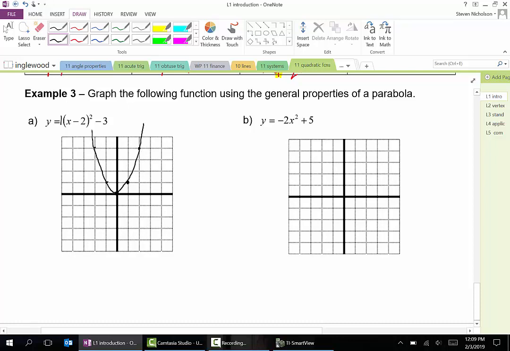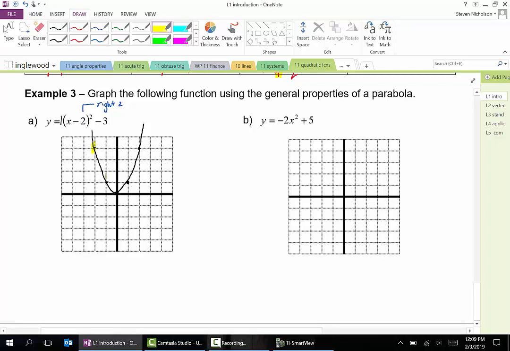Because the leading term is positive 1, I know this one is going to open up as well. But here's what I know. Given that this is x minus in brackets, this thing is going to move to the right 2. So every single coordinate on this parabola is going to go to the right 2.